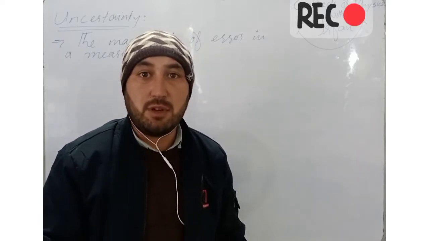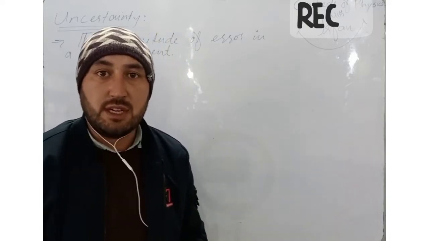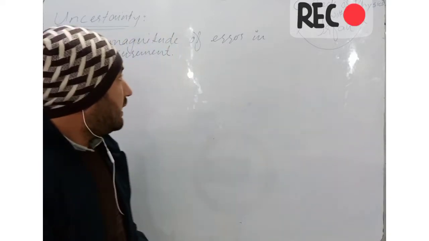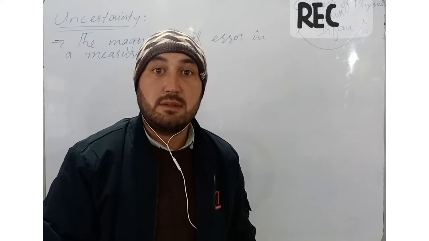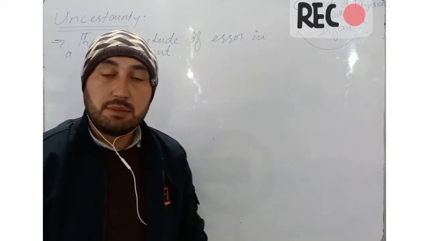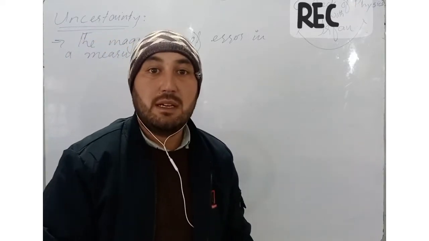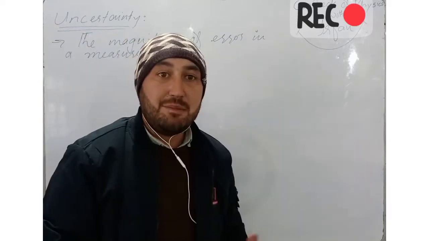If someone is performing an experiment and suddenly the physical condition changes, then the result can vary. It can also be due to faulty apparatus, due to zero error, and sometimes it can occur due to personal negligence.